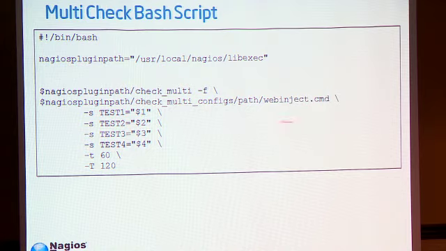This is the check multi, where you have to say what the config file is that you're using, and these are the tests that you want to send to this multi-check script with WebInject. You can set the timeout for any of these tests, and the capital T is for the whole script.